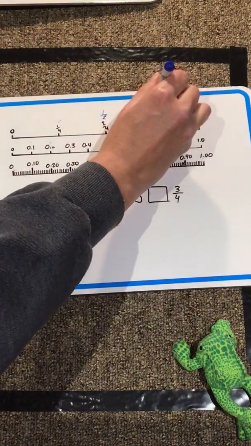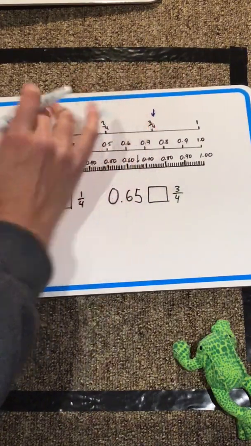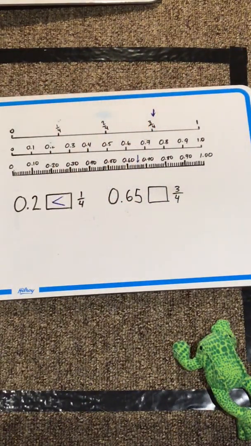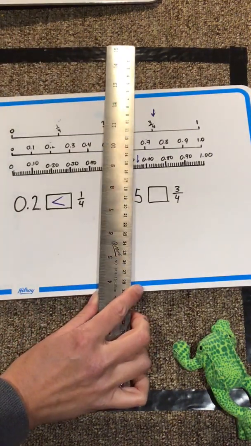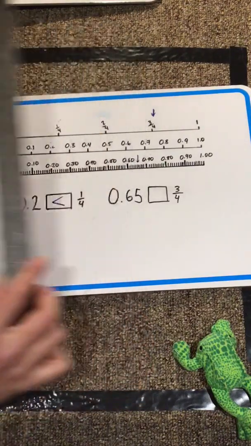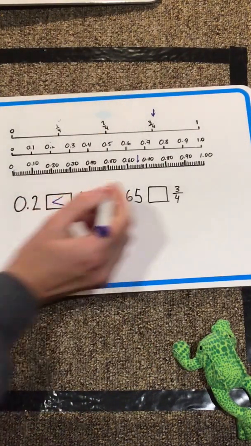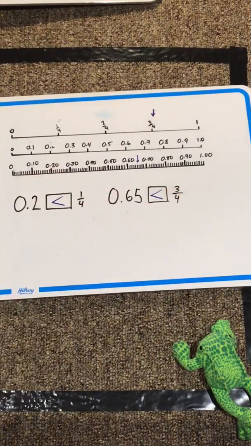Here we are, 3/4. Just going to get rid of that so it's not confusing. Okay, and then we can use our ruler, slide it over, get to the first one. All right, then we can see who is farther over. So 3/4 is farther over to the right. It's a bigger number. So whoever's bigger gets the open mouth.